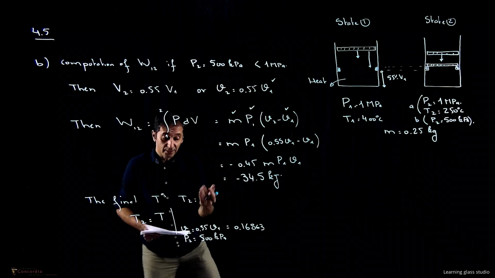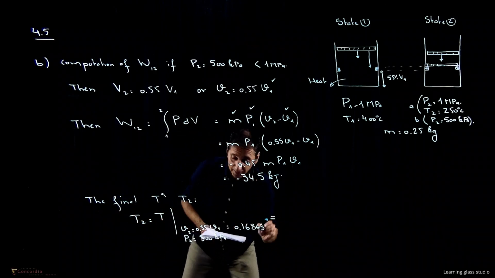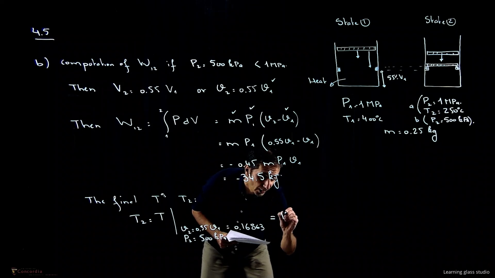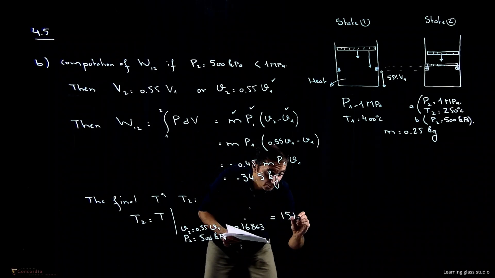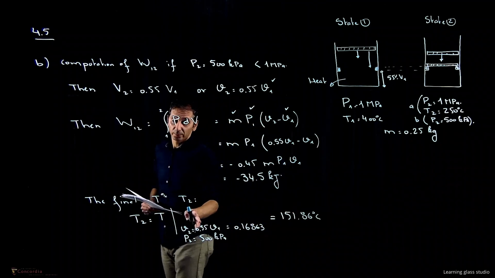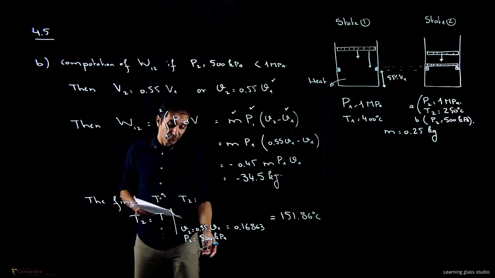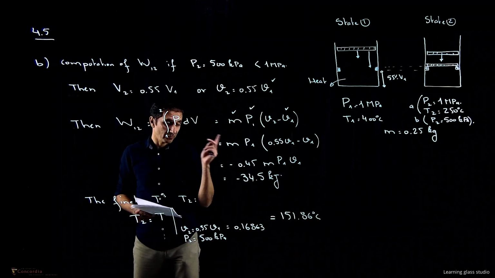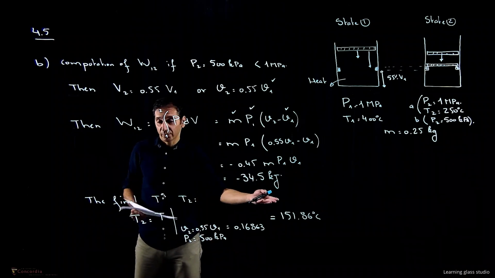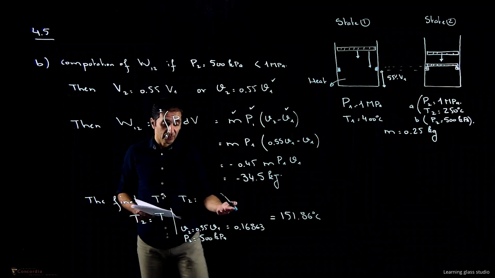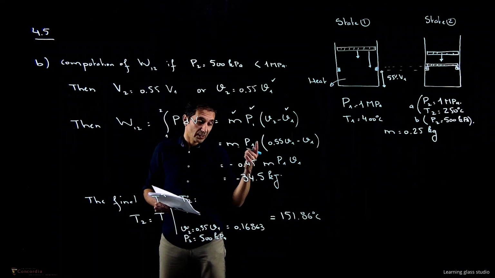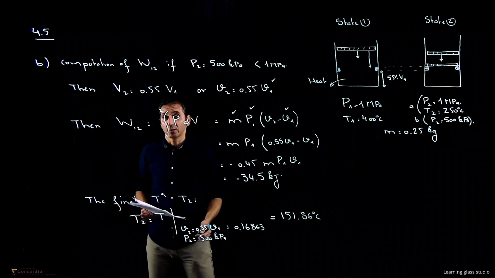And we will end up actually in the mixture phase, and the value for the temperature will be 151.86 degrees C. So our value of V2 will end up between Vf and Vg at 500 kilopascals. So therefore, our conclusion is that the temperature will be the saturation temperature at the pressure of 500 kilopascals.